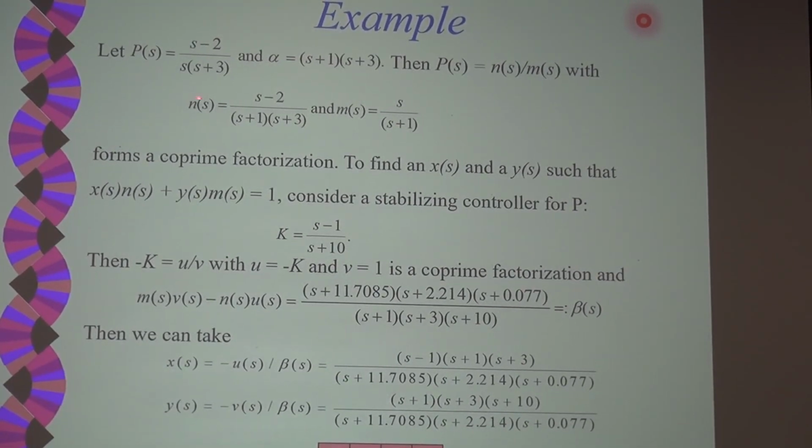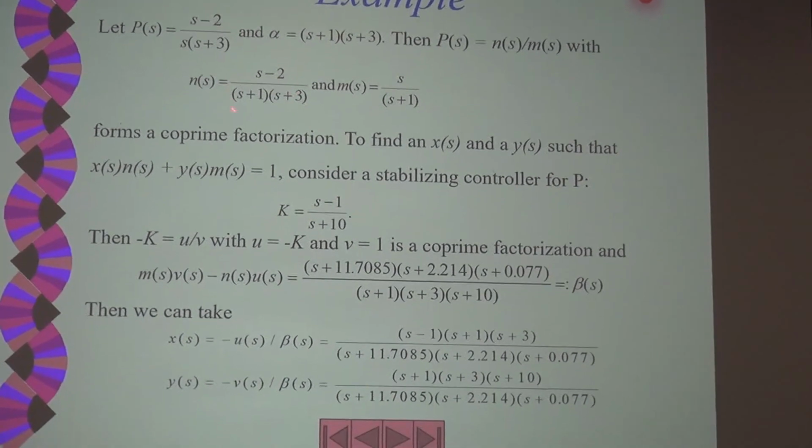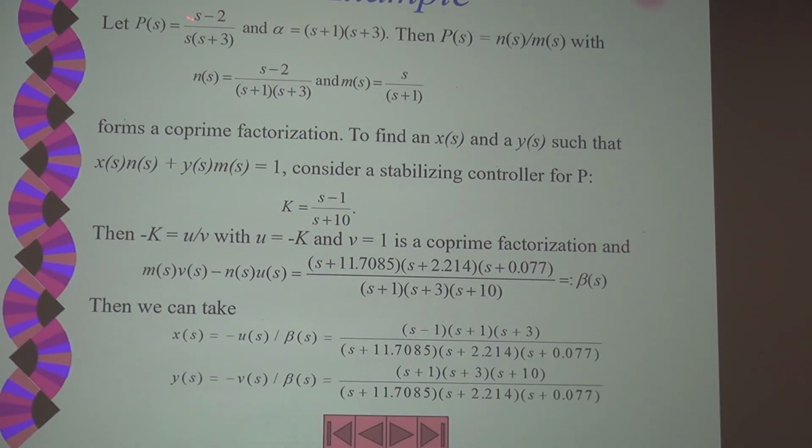You can see N is the numerator divided by this. You cannot use the numerator and denominator directly, because the polynomial is not in RH infinity. To make it RH infinity, you find an alpha and make N and M, and this will form a coprime factorization.